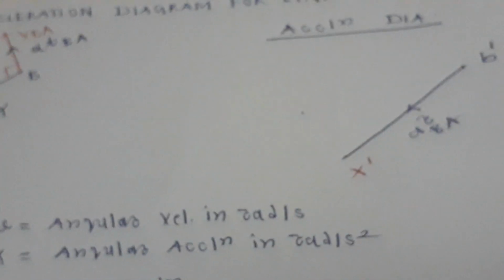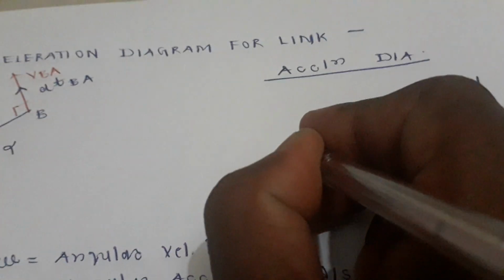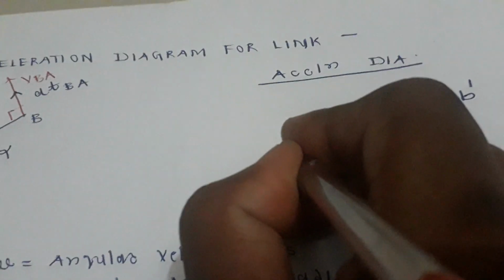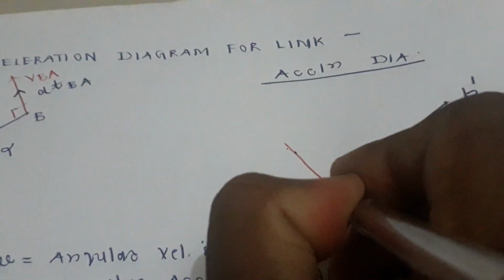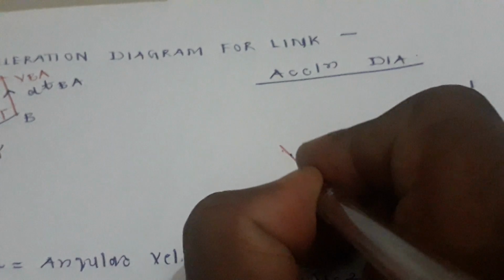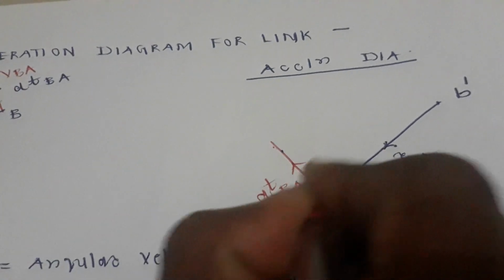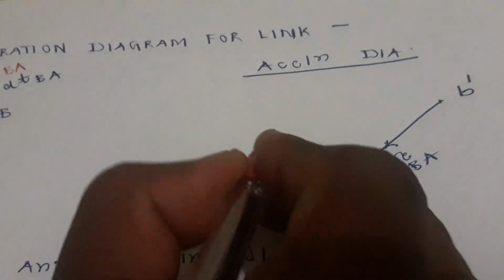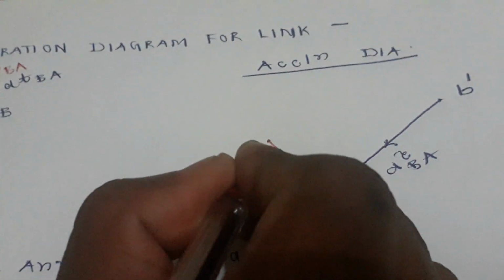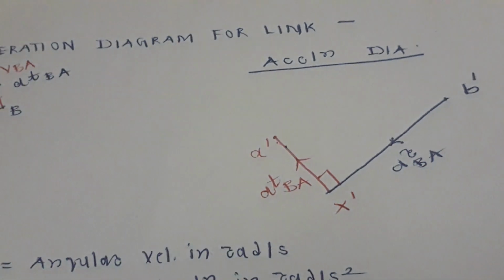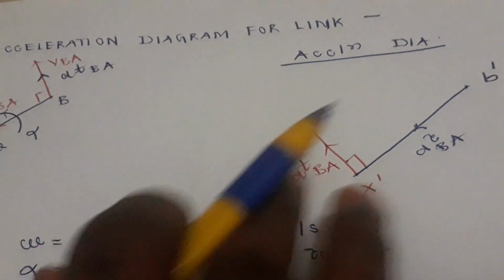So through this X dash I will draw a vector which is at 90 degrees. This vector shows the tangential component of acceleration of B with A, and let this point be A dash. So these are the two components.